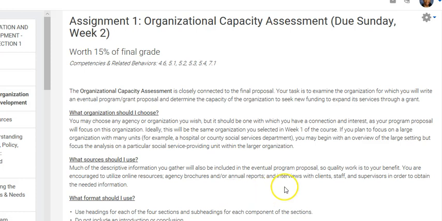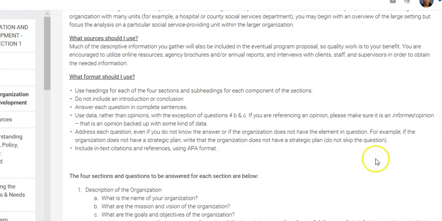What sources should you use? Much of the descriptive information you gather will also be included in that final proposal. What format should I use? Just like any paper, you use headings. Your instructions say do not include an introduction or conclusion.